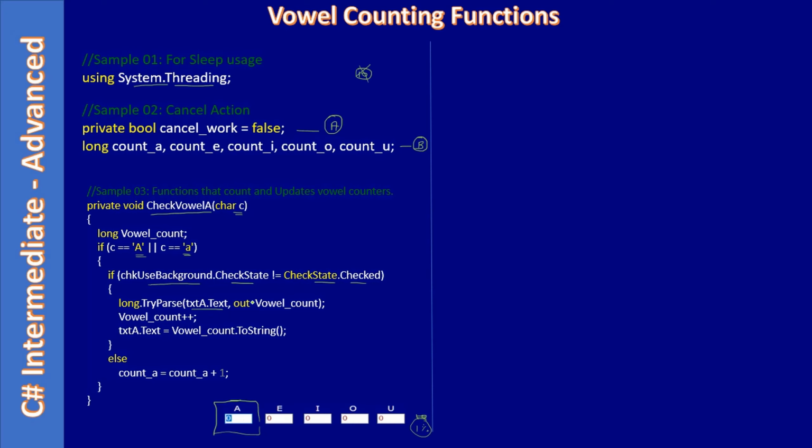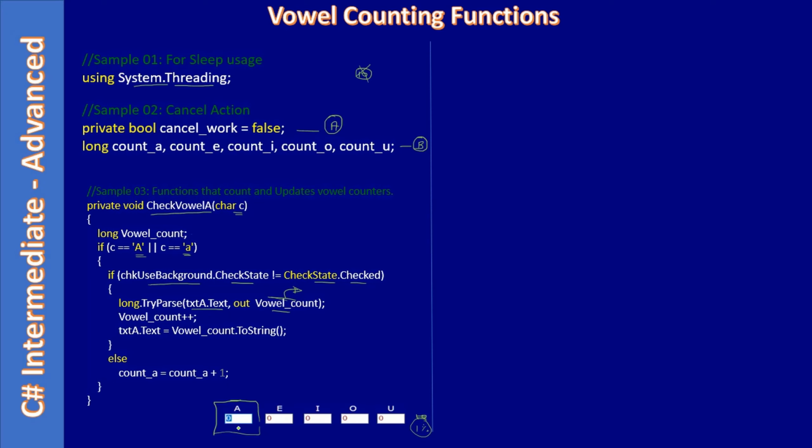So we read the content from this text box, then we call TryParse from the long utility, and in the output parameter we will get the converted vowel count. Here, vowelCount is declared as long, so we will get a long value. That means there will be a previous vowel count.